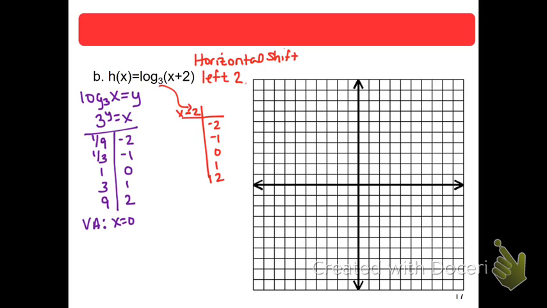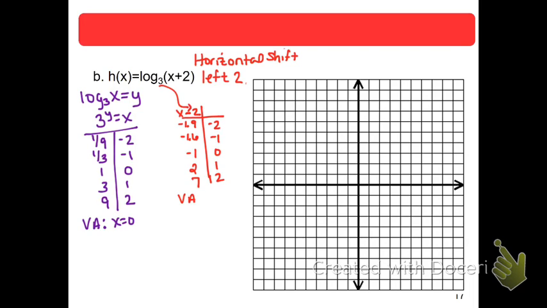So 1/9 minus 2 gives me approximately -1.9. Then 1/3 minus 2 is going to give me about -1.7. 1 minus 2 is -1, 3 minus 2 is 1, and 9 minus 2 is 7.